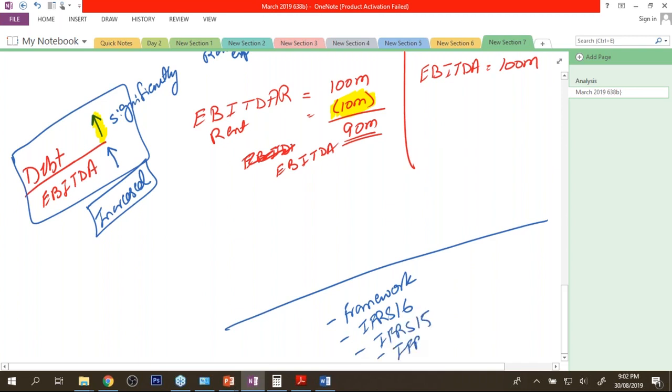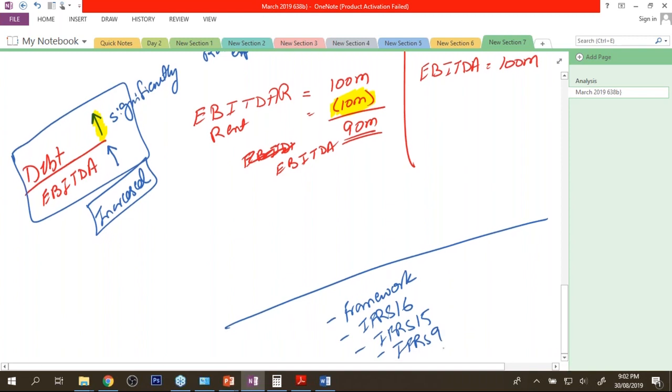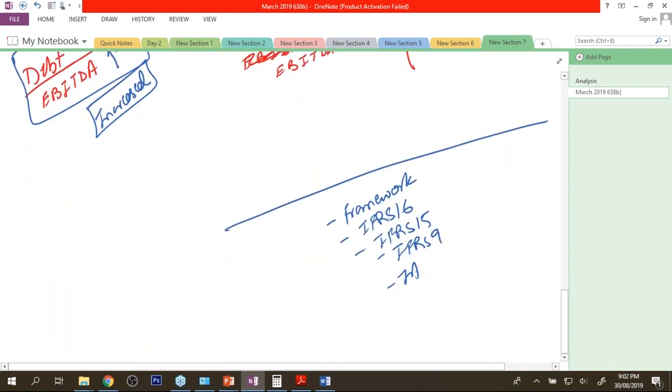The change before that was IFRS 9. The change before that was IAS 19. But these changes have now been, I would say, too old to be discussed by the examiner. So we have already discussed the IFRS 16 change. We are going to discuss the framework change as well. So that will cover all of the changes in the recent attempt.